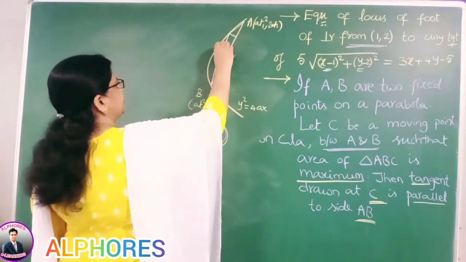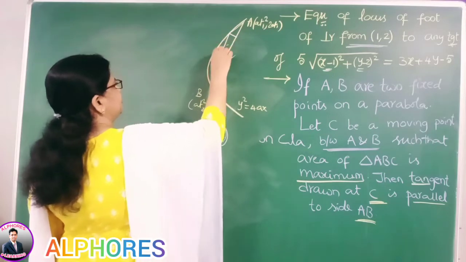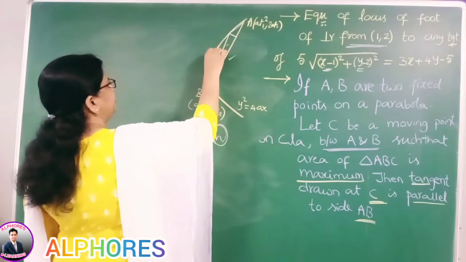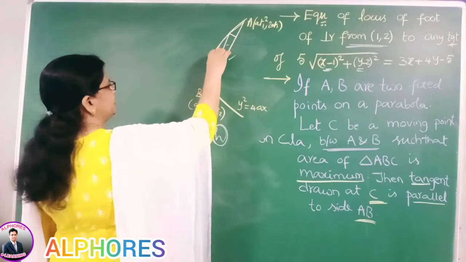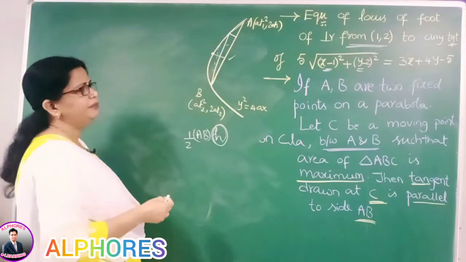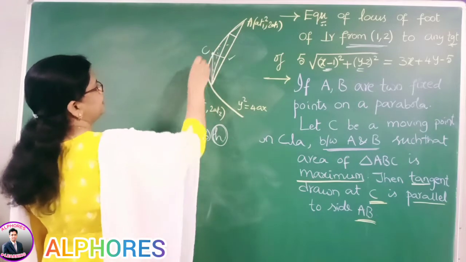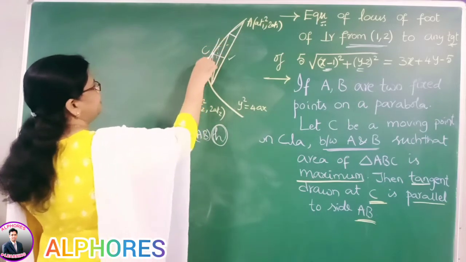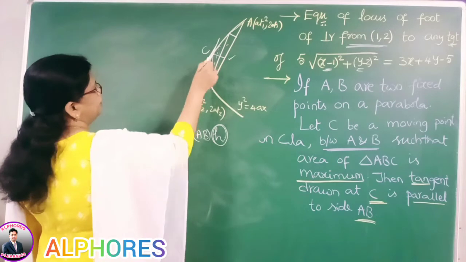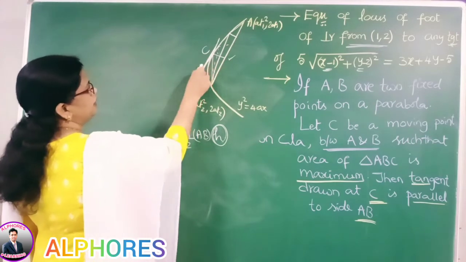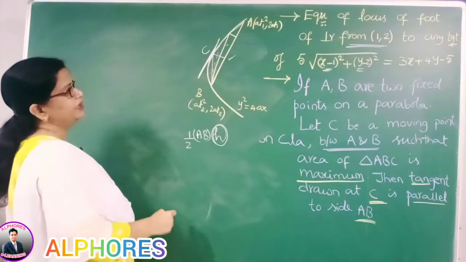Again, if I take the position of C here, the height is small. Exactly at one point of C the height is more compared to all of them. Suppose this is the position of C, and if you take the tangent here, it will be exactly parallel to the side AB. That is what they are asking.